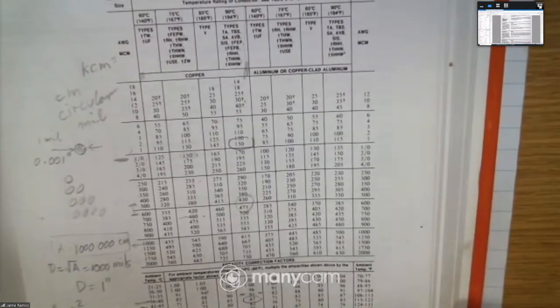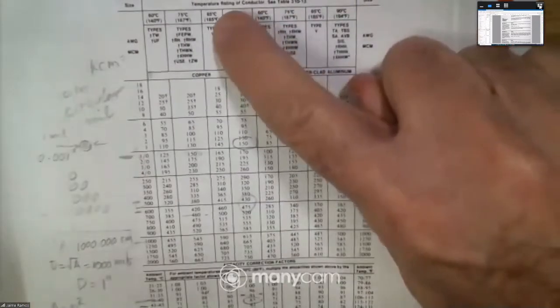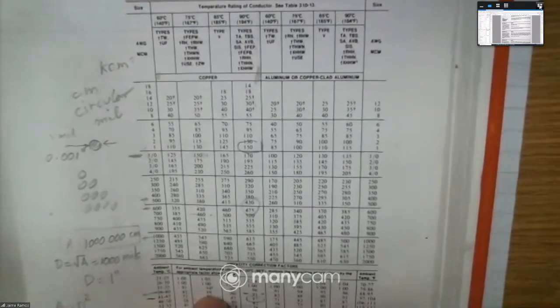So we need to look at the column of 75 degrees. This is the 75 degrees, the second one. And then we go to the bottom, ampacity correction factors, temperature, 40. So this is this row, 36 to 40, 0.88.